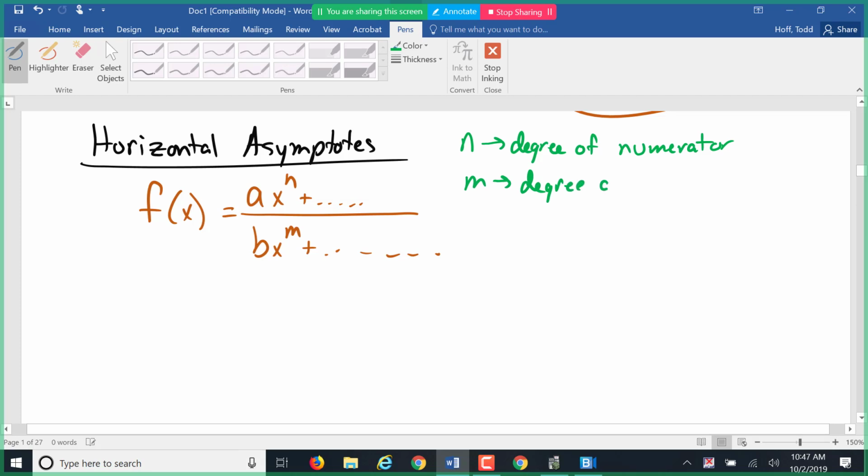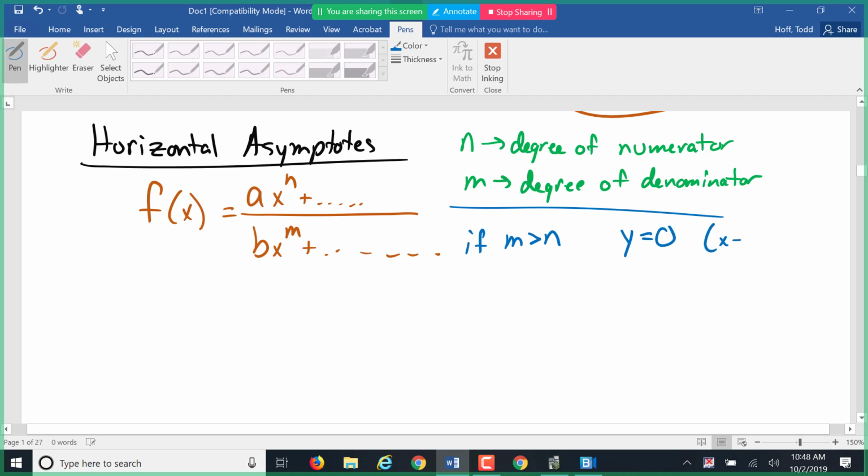That's the largest power on x in the denominator. If m is bigger than n, which is almost always the case, then y equals 0, or the x-axis, is a horizontal asymptote.